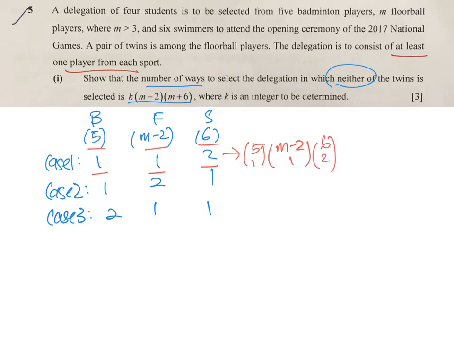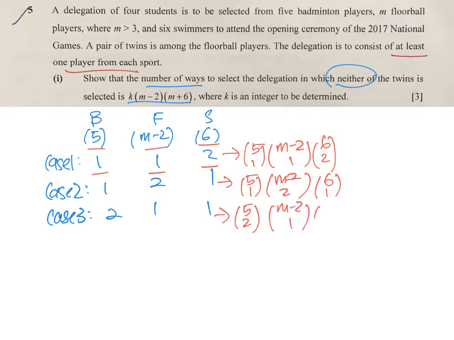Similarly for case 2, I will have 5 choose 1 ways to choose the badminton players, then n minus 2 choose 2. And for the swimmers, I will have 6 choose 1 ways. And for the third case, I will have 5 choose 2 ways to select the badminton players, n minus 2 choose 1, and 6 choose 1.